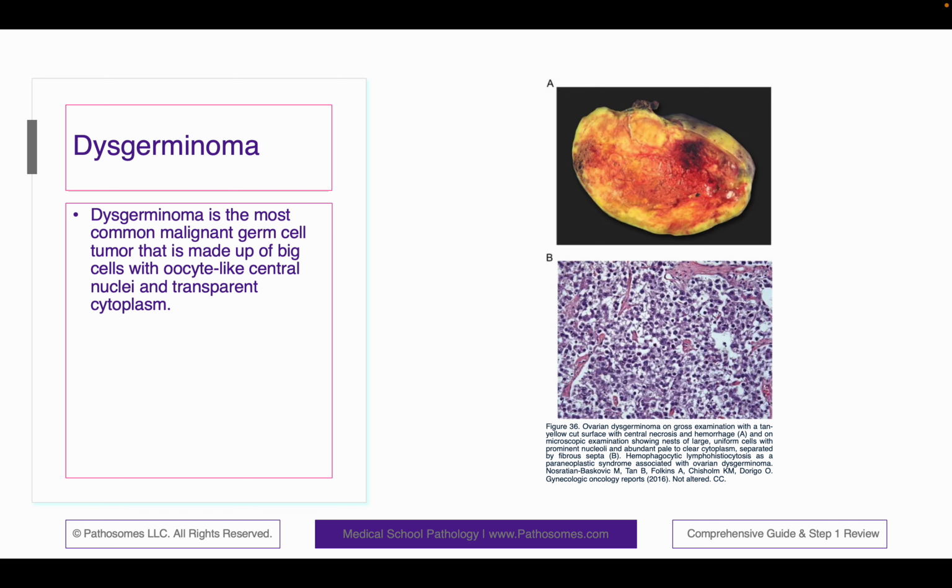To the right here, we can see an ovarian dysgerminoma on gross exam in the top with a tan yellow cut surface and central necrosis, as well as hemorrhage. We have the accompanying H&E below in panel B, showcasing large nests of cells with clear cytoplasm and intervening fibrous septa.